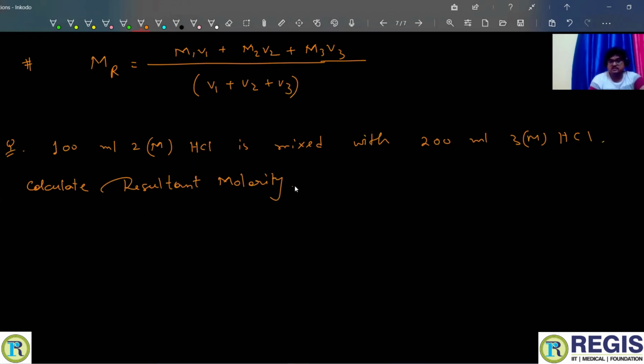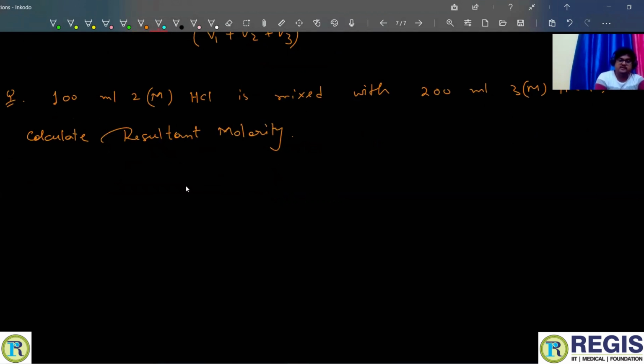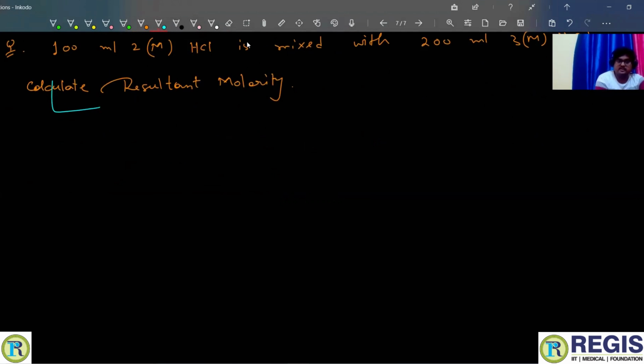Solve it. Giving you some time. Done. This one is a very easy question. What is given in your question? 100 ml 2 molar, which is mixed with 200 ml 3 molar HCl.